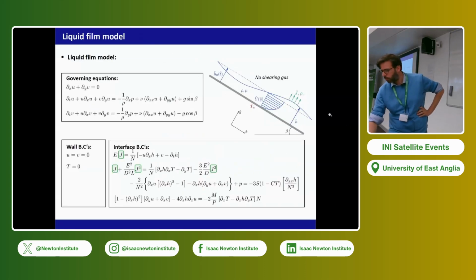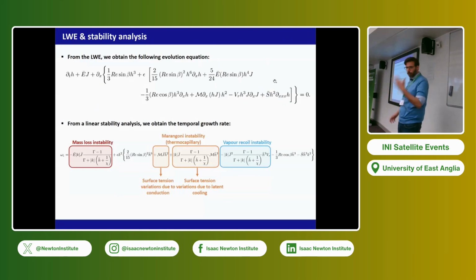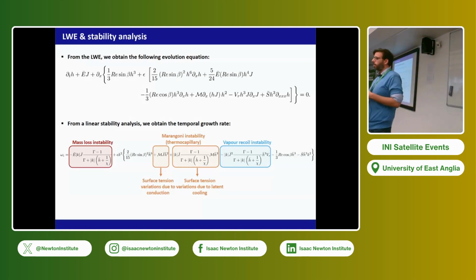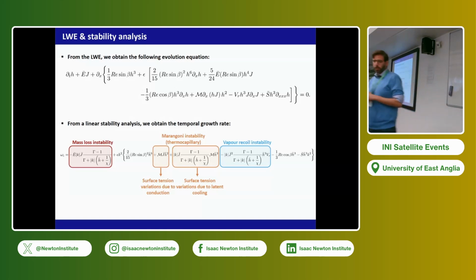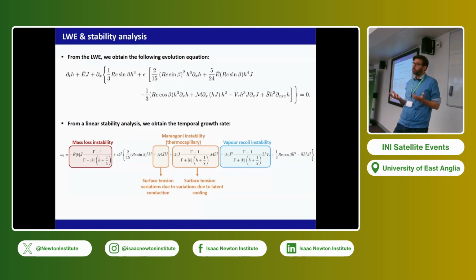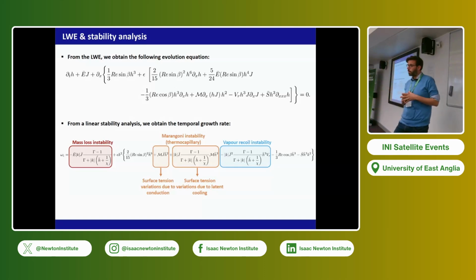Just to highlight, as I already said, we don't have any shearing gas now. So again, through the long wave expansion, we can obtain a Benney-like equation, and from the linear stability analysis, again the dispersion relationship, in which we have three terms connected to the parameters that you want to analyze. The mass loss instability connected to E bar, which accounts for mass loss, the Marangoni instability, which is about thermocapillarity, and the vapor recoil instability.